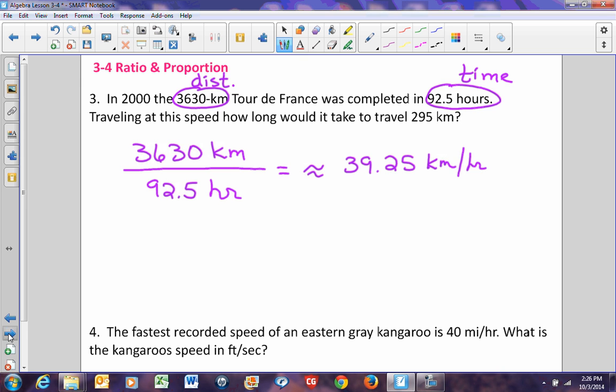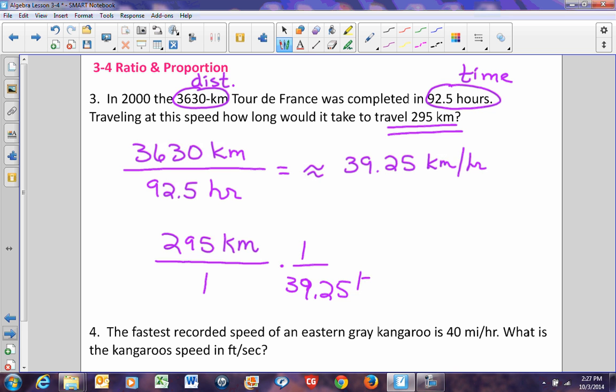So if I'm traveling about 39.25 kilometers per hour, and I have to go 295 kilometers, I can take my 295 kilometers and divide that, or multiply it, in this case, you can do it this way, multiply it by 1 over 39.25 kilometers per hour.